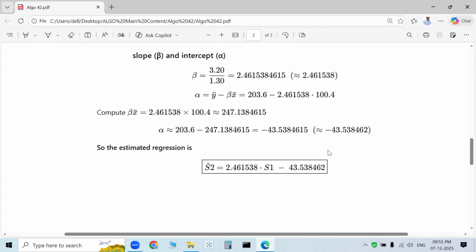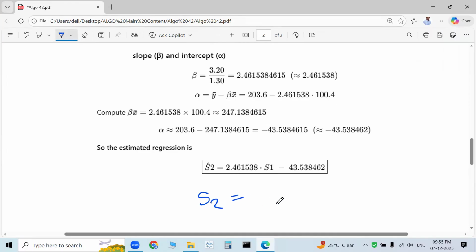We basically want the equation like this. Now we want equation S2. S2 is our stock number 2, which depends on beta multiplied by stock number 1 plus alpha. Now how to find alpha?